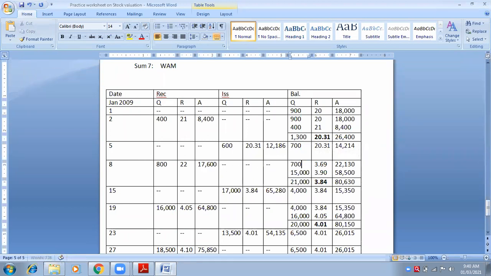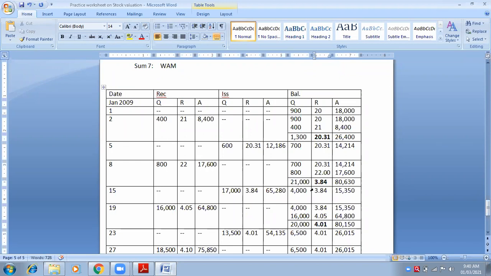So first 700 will be taken down, 20.31, and the amount is 14,214. Just below that we will bring this 800, 17,600. This will be 800, and this will be 22.00.